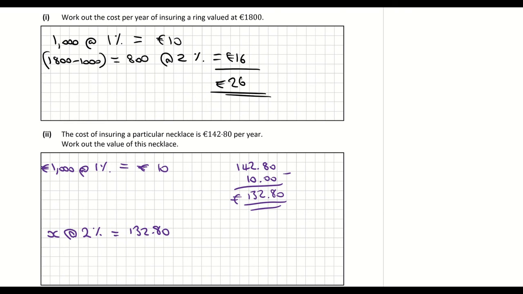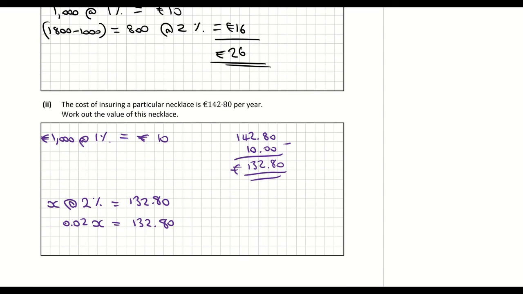So turning 2% into a decimal, that would be 0.02 at X amount of money. So multiplied by X. So stick them together. So that's what we get, 132 euro and 80 cent. So to get the value before we counted for the 2%, we divide both sides by 0.02, which is giving me 6,640 euro.